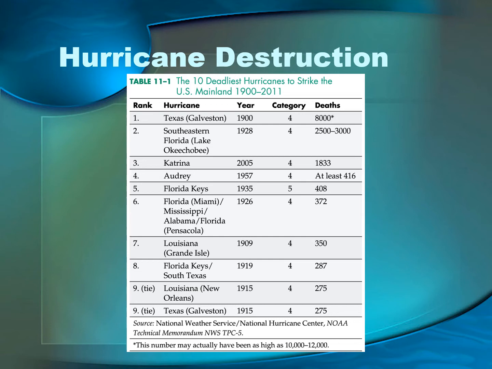And the scariest part about this Galveston hurricane, it wasn't just that it was a 4. I mean, there's many other 4s on this list that kill less than 500 people. So here's the problem, and I'll ask you guys a question. Did we have news reporting, TV, radio, Doppler weather radar and really good communication?